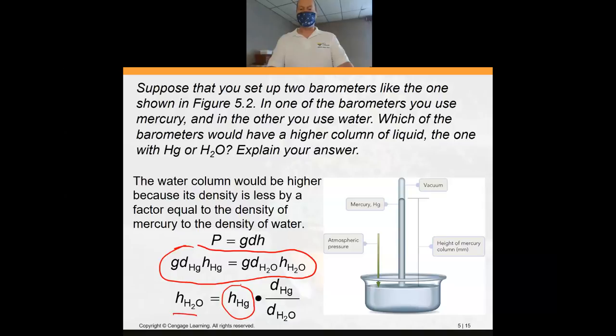So we don't want to go climbing ladders to see what the pressure of the day is. We just want to stand in our lab and say, yes, it is 760 millimeters of mercury.